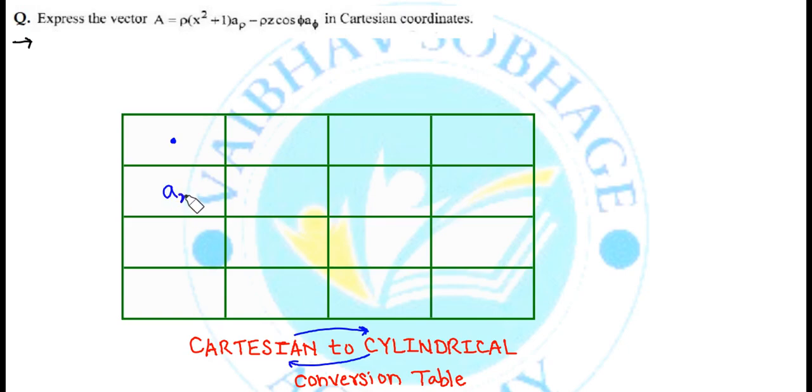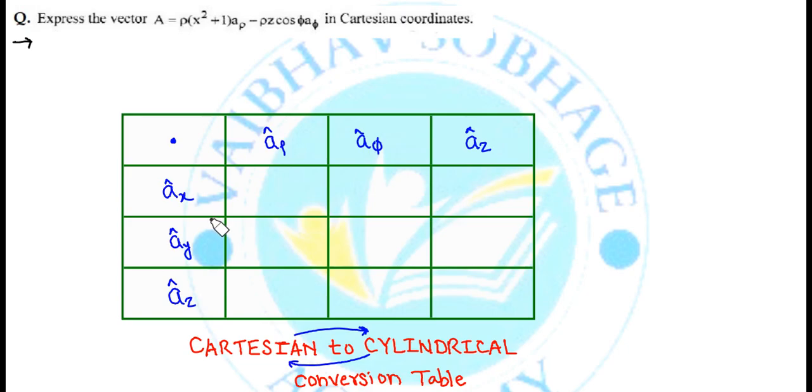So what are those components? For your Cartesian or rectangular system, we have the components a_x cap, a_y cap, and a_z cap. So these are the three components of your Cartesian system. And what are the components of the cylindrical system? We have a_rho cap, a_phi cap, and a_z cap.